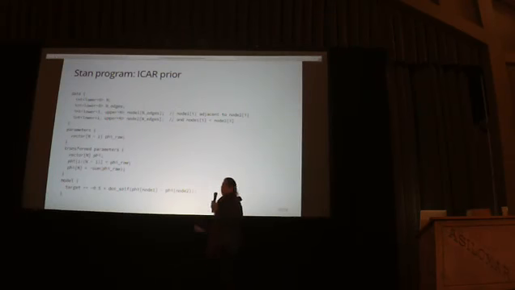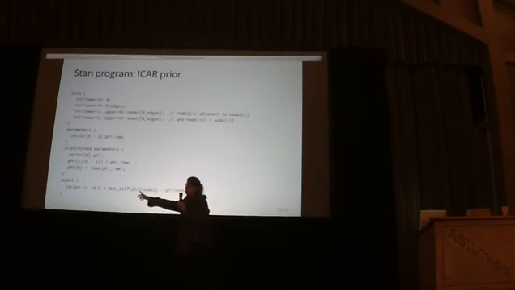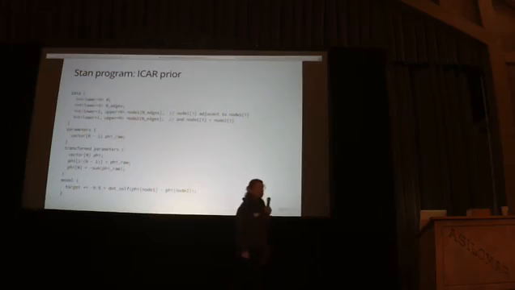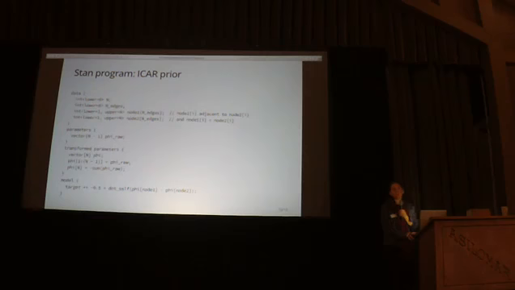And we're going to have that whole quantity squared, so we use the dot self. It's really, really clean. It's one of the first things that people were asking for when we got the first Stan groups up. People were like, so how do you do an ICAR model in Stan? And this is how you do it.